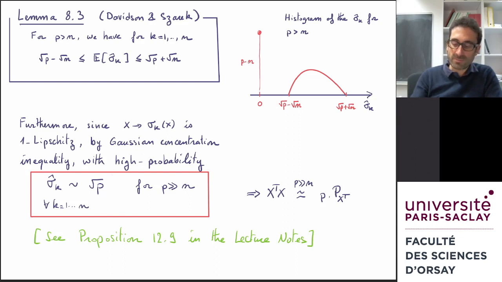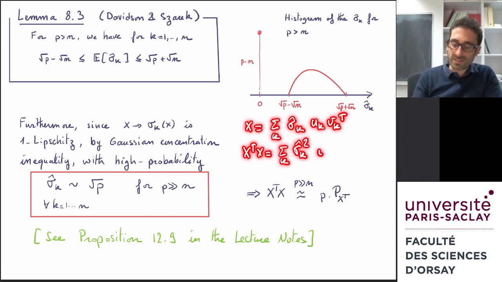What does it mean at the end that we have this? I remind you that x is the sum over k of sigma hat k uk vk transpose. So x transpose x is equal to the sum over k of sigma hat k squared vk vk transpose. But what we have seen is that sigma hat k squared is essentially equal to p.